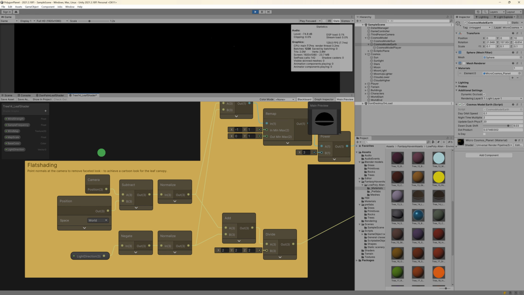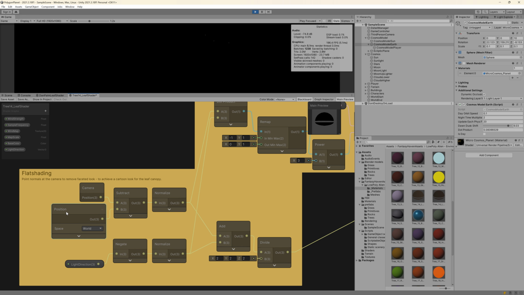Flat shading is being done by rotating all the normals of the object being shaded. All the fragments of the object need to spin round to be angled at halfway between the sun or the light source and the camera direction. You want it to be halfway because that will give you the best angle in terms of the light bouncing and seeing it.